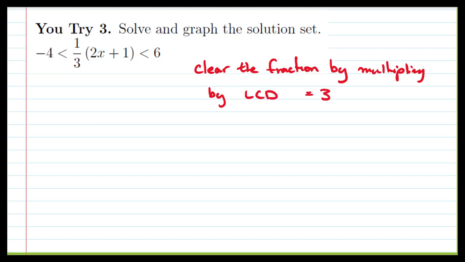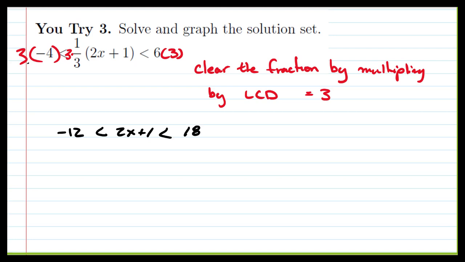It's just 3 because there's only one fraction. If we multiply each part of this by 3, we have 3 times -4 is -12. Here the 3 and the 1/3 reduce out, so we would get 2x plus 1 is less than 6 times 3 is 18.